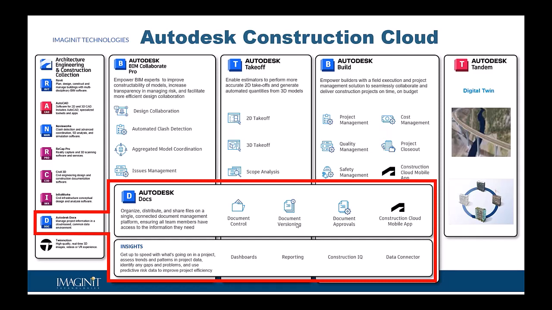Different insights into the dashboards. And if you start using the markups and issues, even from a civil perspective, you can see if maybe you're getting behind on your markups and how that's coming along. So it's almost a bit of a health check if you're getting behind on your project. It's a good way to keep track of things.